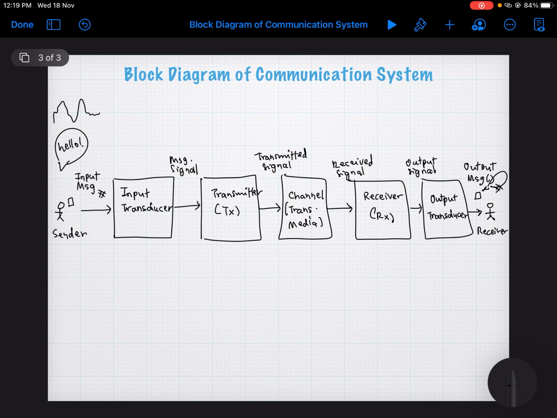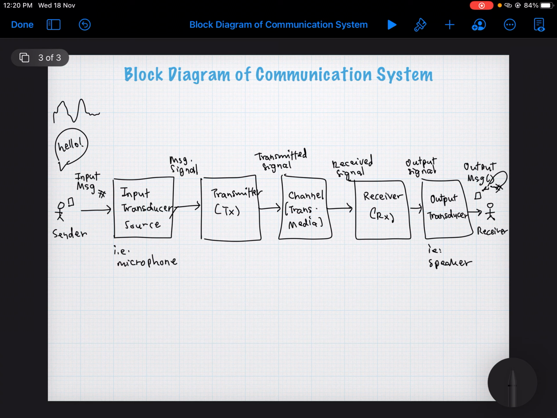So what is an example of input transducer or source? Since I'm giving you an example of using the phone communication, here an example is the microphone from our phone, and then the output will be the speaker of the phone.